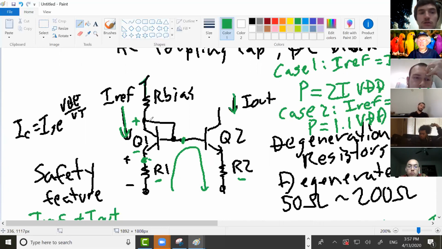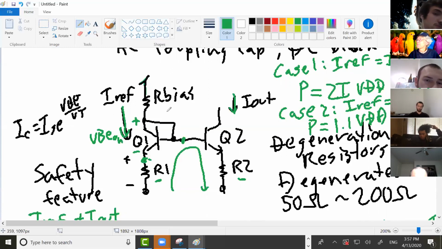VBE, and in this case, you can say for finding R bias, and this other thing helps you with the degeneration resistors, but to find R bias, once you find R1, there's a little trick you can do. But yeah, you can still approximate this as VBE on when you're trying to find R bias.